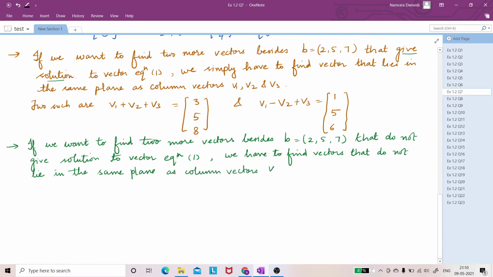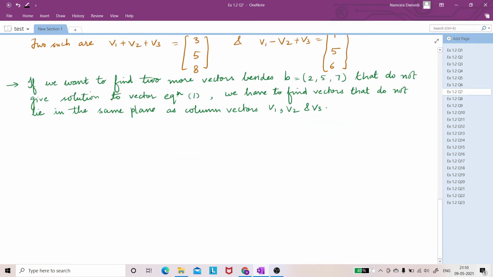What are the column vectors? v1, v2 and v3. Okay, so now we know that v3 can be written as 3 by 2 v1 minus half v2.